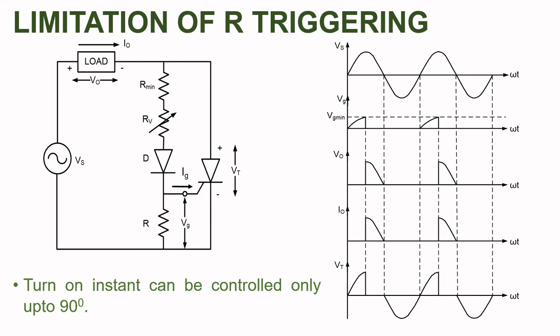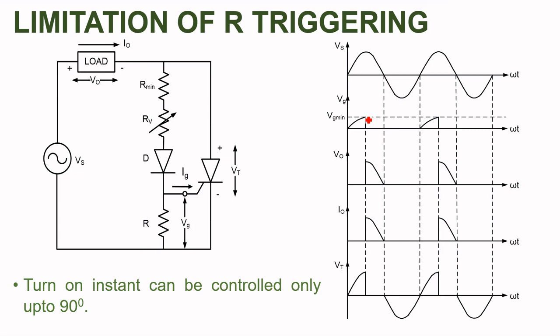We know that this Vg curve will be following the Vs curve. Once the Vg starts increasing at a particular point, it will reach equal to that of Vg minimum value. That is the threshold voltage of the triggering of SCR. Once voltage becomes higher than that of Vg minimum, the SCR will get triggered.